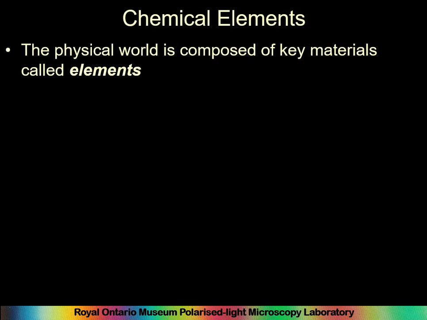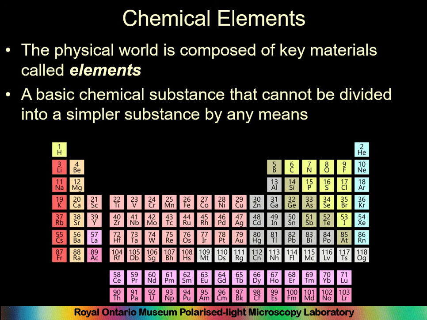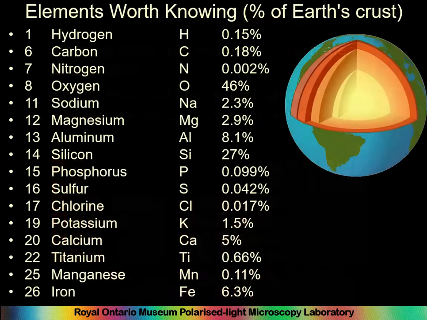So to understand what we're looking at, you have to start off with elements, because elements are the building block of just about everything. A basic chemical substance that cannot be divided into a simpler substance by any means. And I'm sure you all know the table of elements, which includes many elements we'll be interested in.